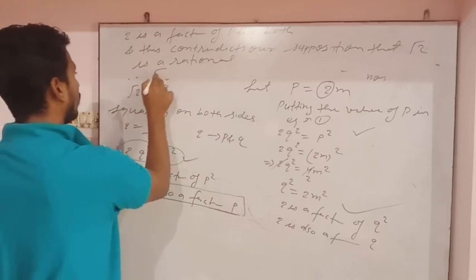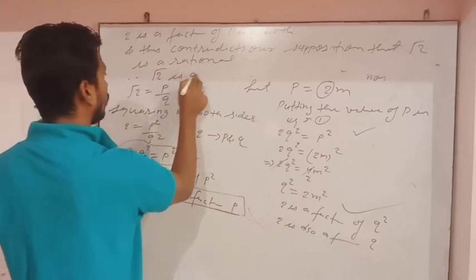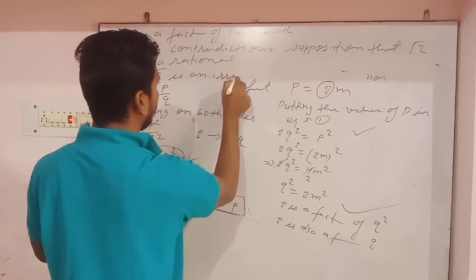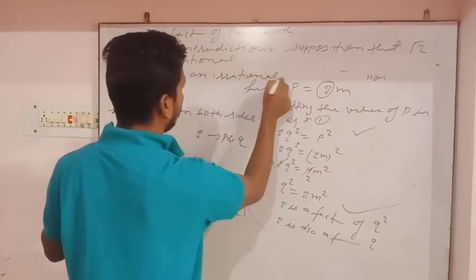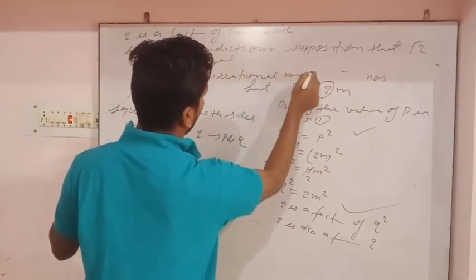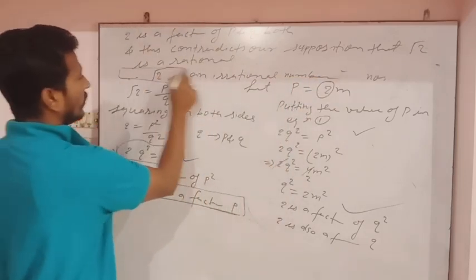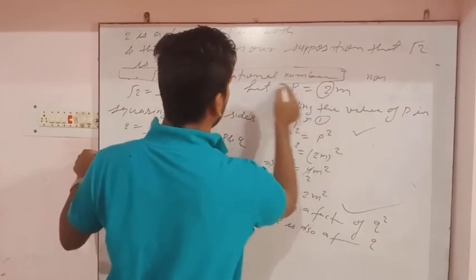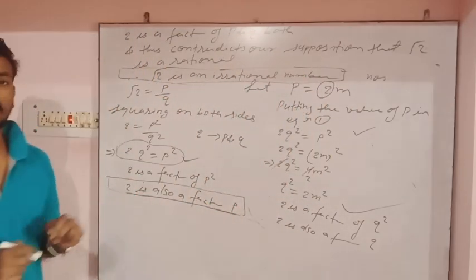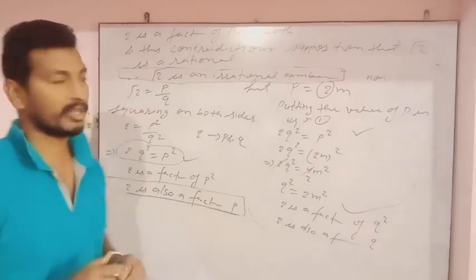Therefore, root 2 is irrational. So finally, we conclude that root 2 is not a rational, but it is an irrational number.